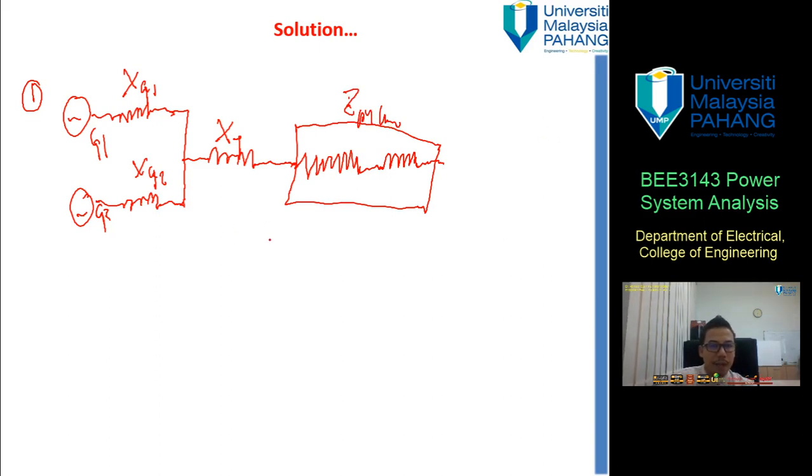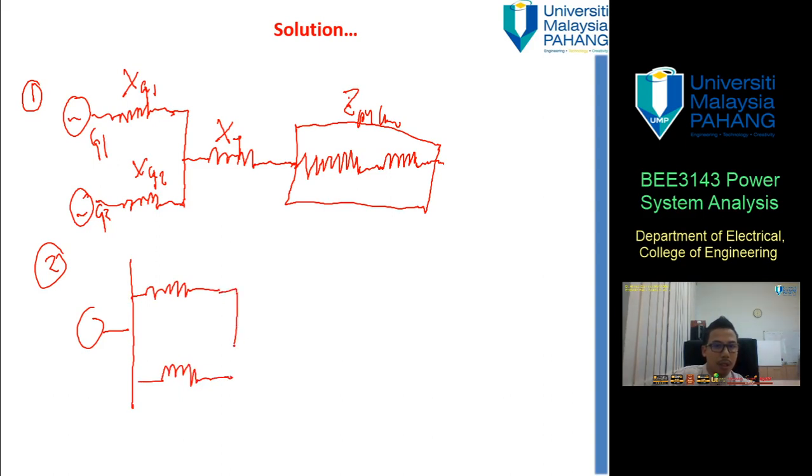Then we simplify it. Next, we can do it like this. Then we have the transformer part. Then again we have the resistance and also the reactance for the line. So I just simplify it, it becomes like this. Then what should we do next? You know already, because this is parallel.